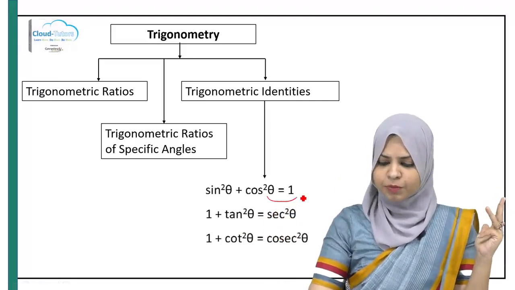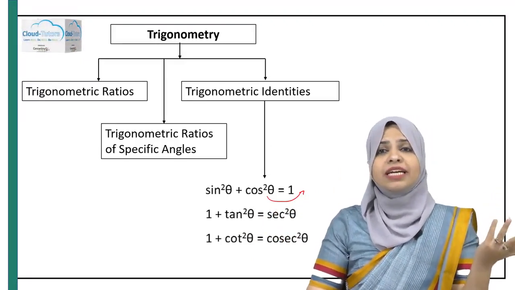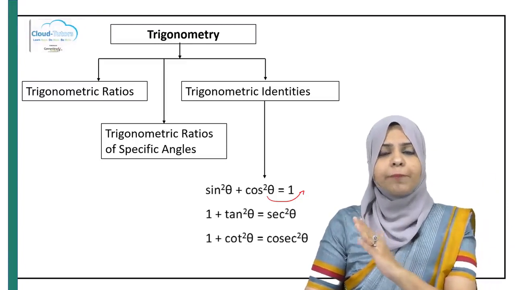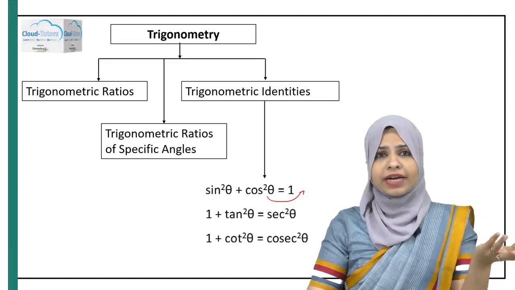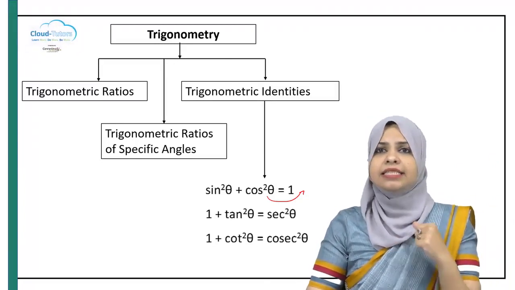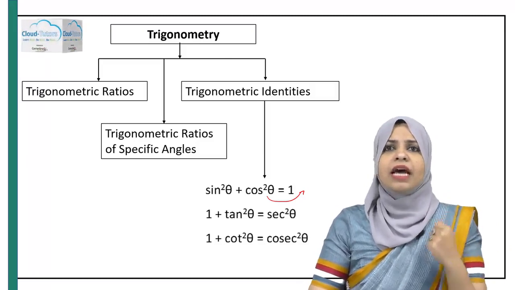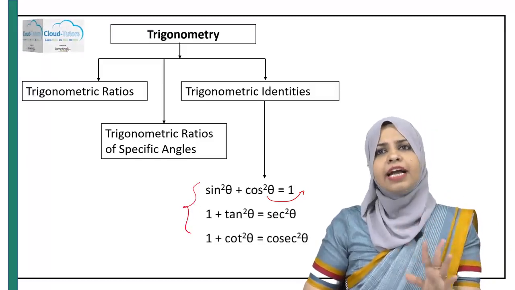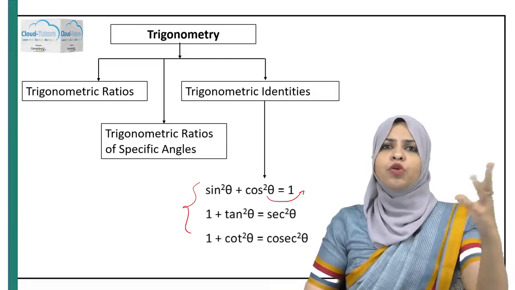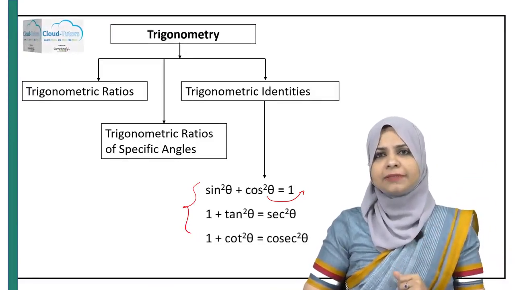So if I transpose cos square theta to the other side, it becomes sine square theta is equal to 1 minus cos square theta. Similarly, I can express cos square theta in terms of sine square theta. The same goes with tan and secant, and the same applies to cot and cosecant. So you have to remember only these 3 basic identities and you can come up with new variations of them.